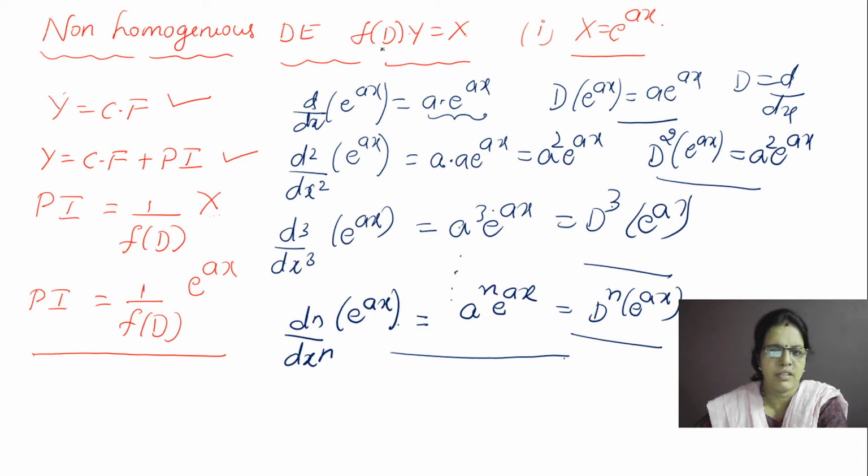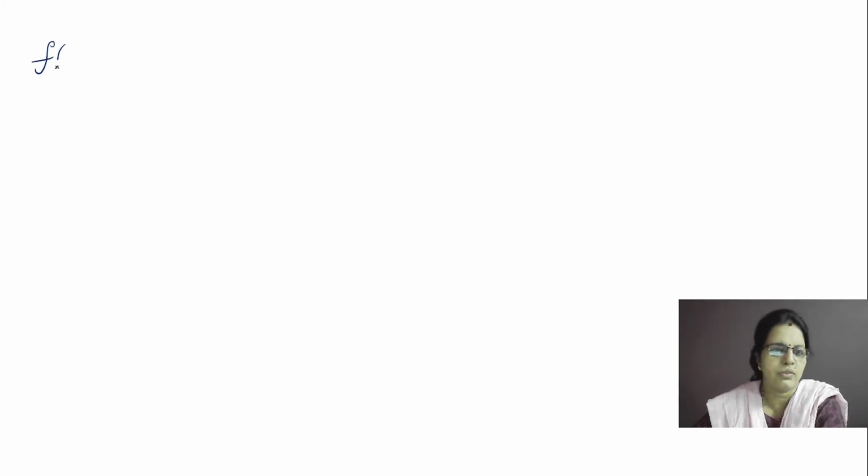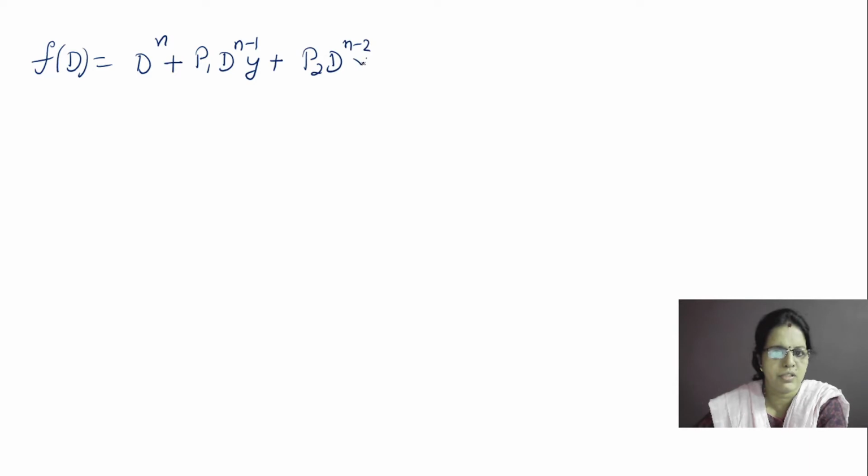So now consider this function f of D into y. How is our f of D? You know the general form of f of D: the first term is D power n plus some constant p1 into D power n minus 1, plus p2 into D power n minus 2, plus etc., plus some pn into D power 0.